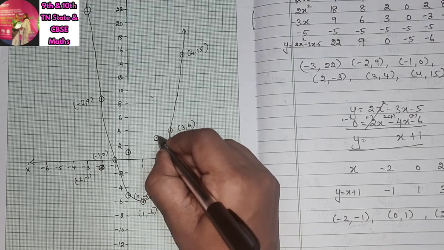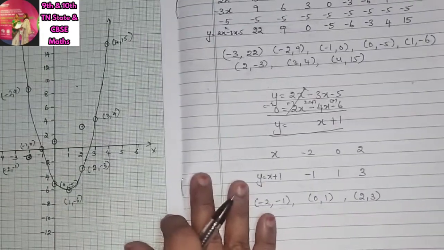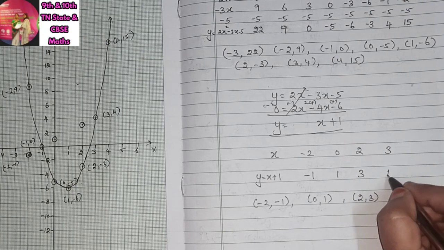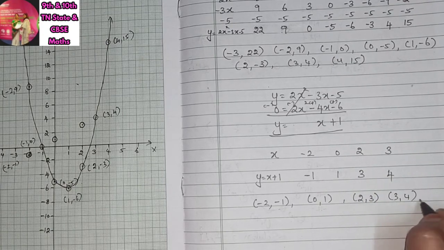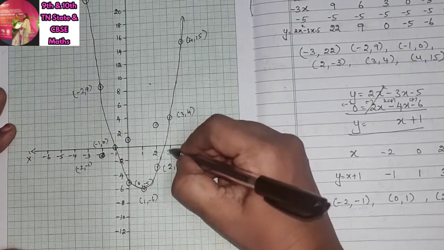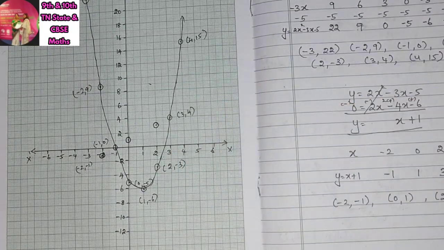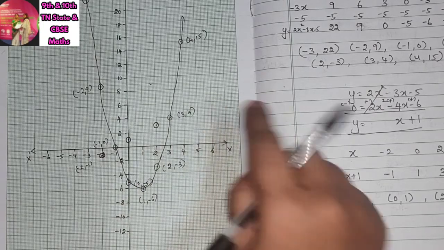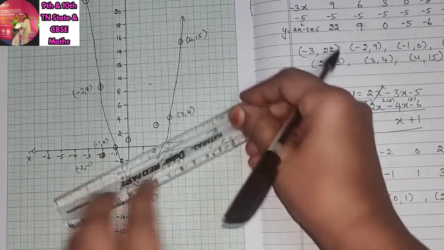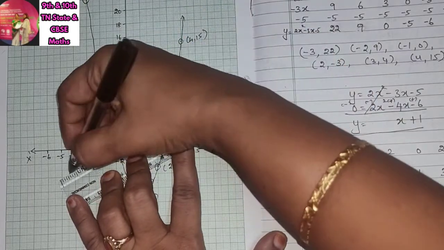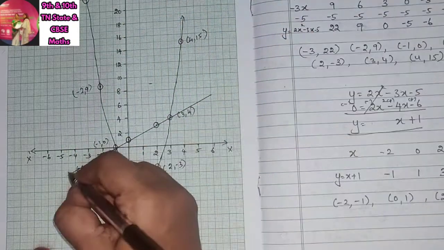One more point also we will take: 3 plus 1, 4. So (3, 4) also we will plot, the same point here. So now we'll join these points to get a straight line. So we got a straight line.